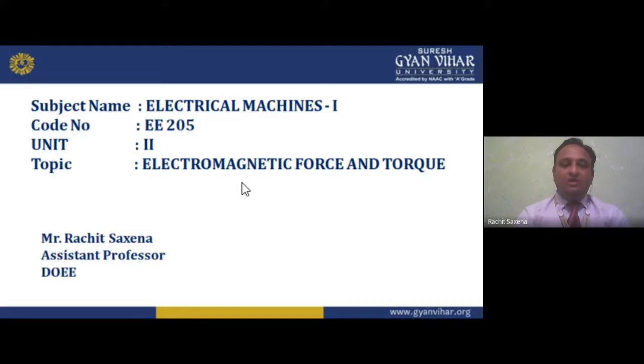The transformer works on AC, not on DC, because we have a static EMF induced in the transformer, and it is a static electromagnetic device. So electromagnetic is there, but static is there. We need an alternating flux because we have no rotating part in the transformer. So we have to vary the flux as per Faraday's law of electromagnetic induction.